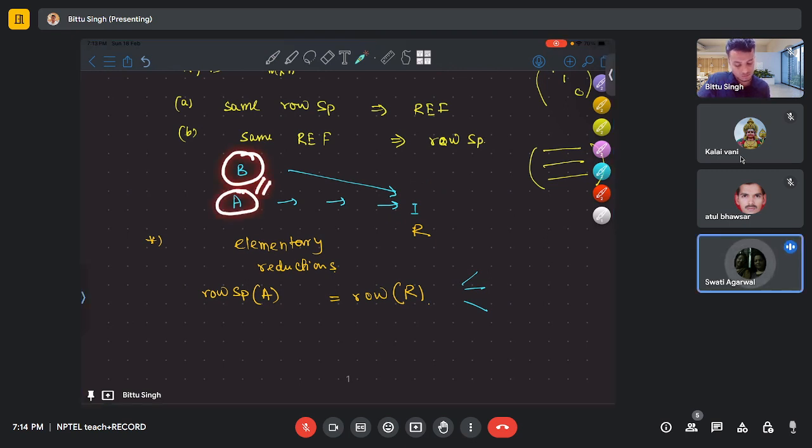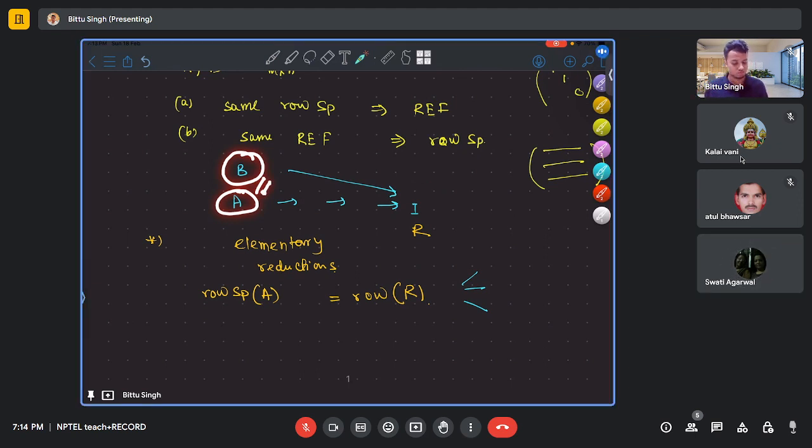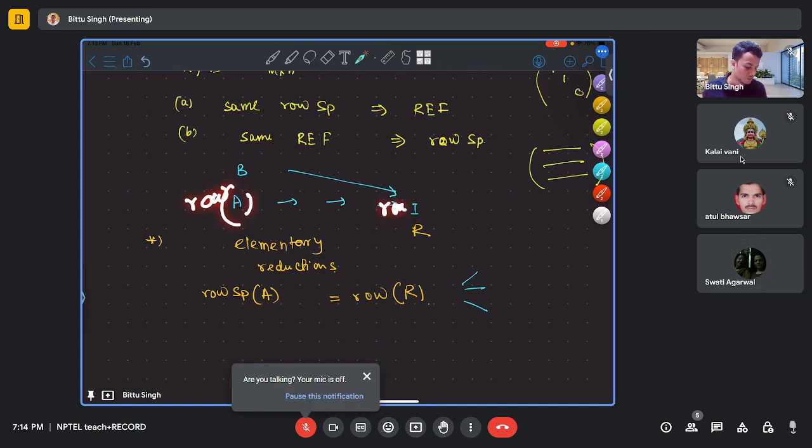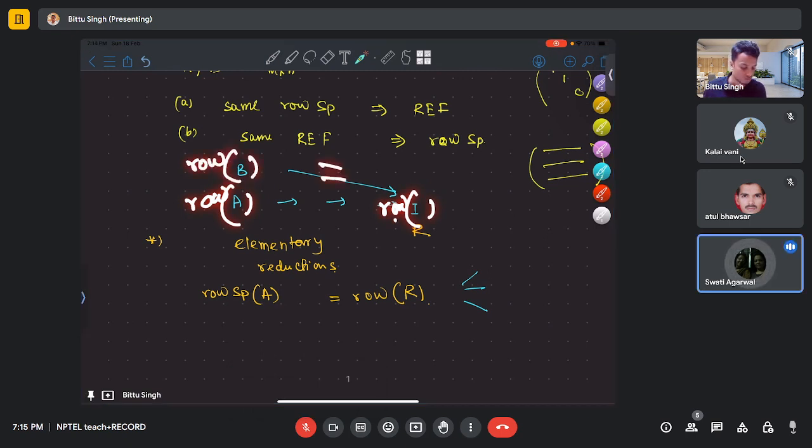Is that guaranteed? Yes, it is guaranteed, because after reduction, the row space of A and the row space of the reduction are the same. But sir, in option B they are not talking about REF, they are talking about RREF.